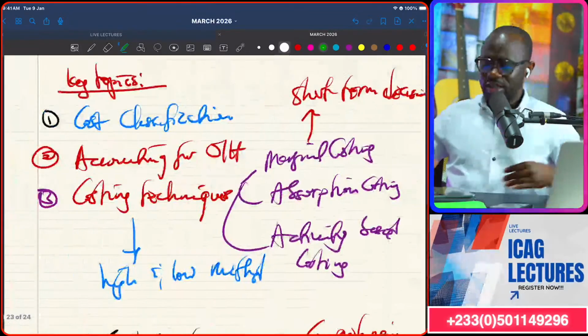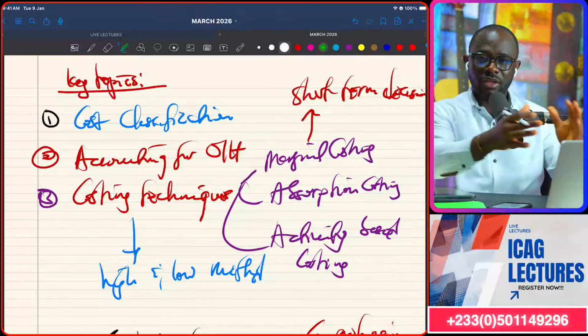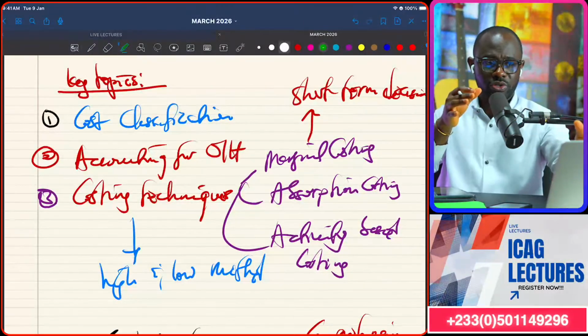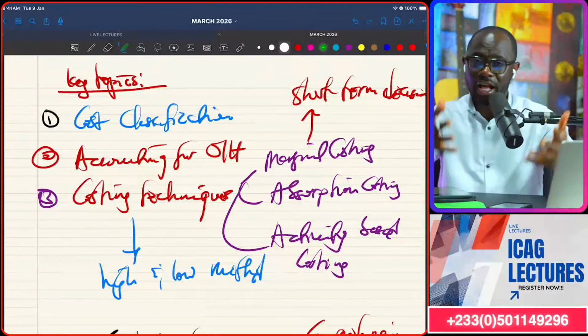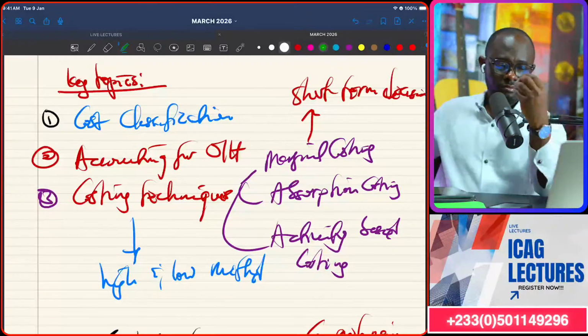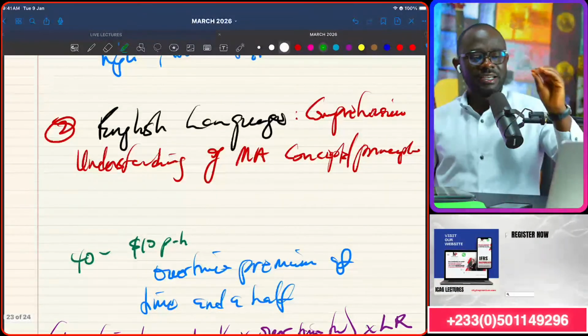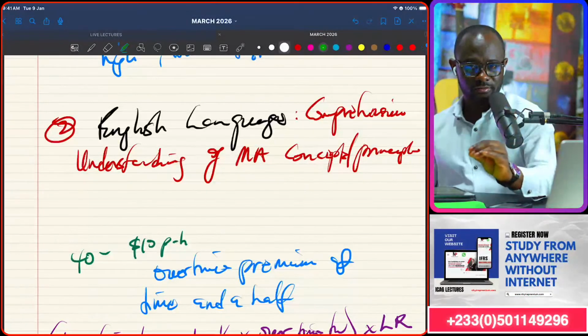So as a management accounting student, in addition to dealing with these key topical issues here, cost classification, accounting for overheads, understanding the costing techniques, it is important you understand English language.